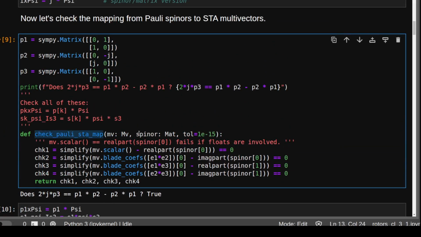I want to check that the multivector corresponds to the spinor. The multivector MV corresponds to the spinor. And I could use some tolerance, but I realized that I'll have to put an absolute value sign around that, and I probably could do that. Actually, why not? Maybe let's try it.